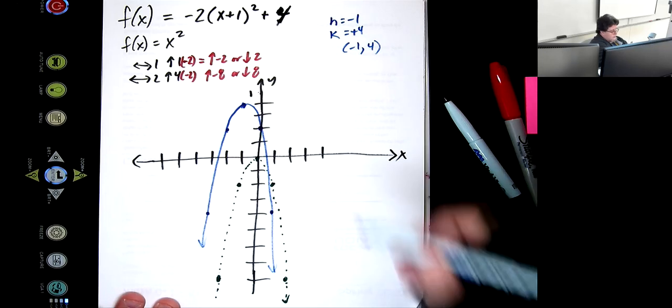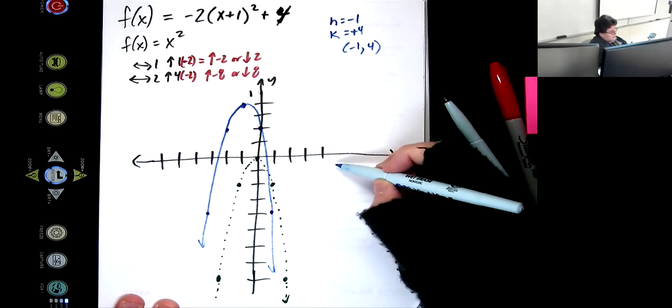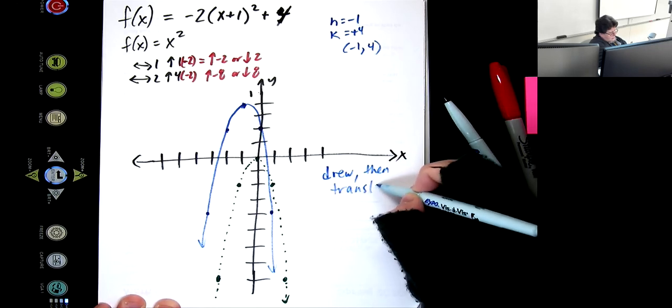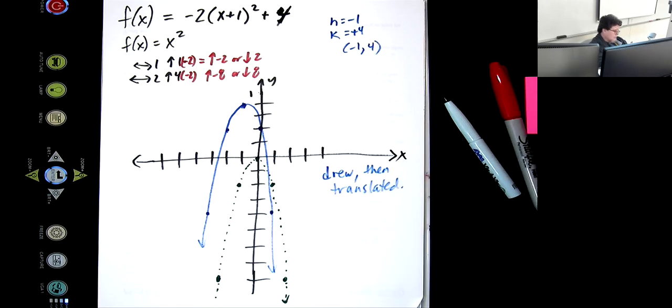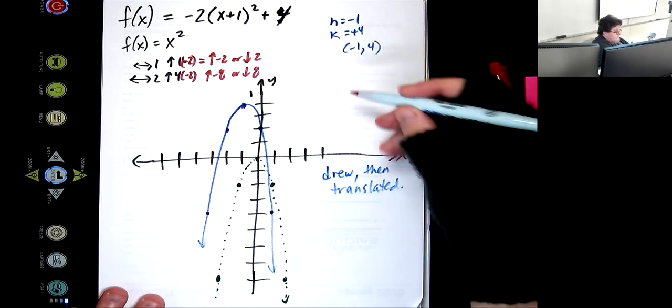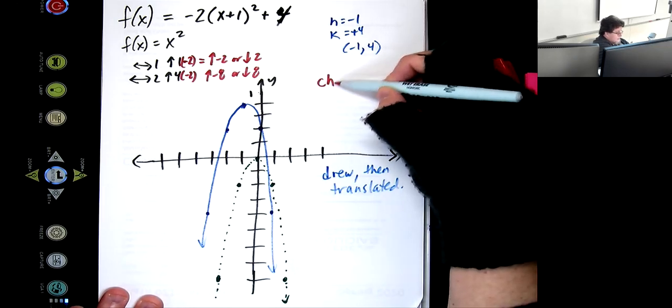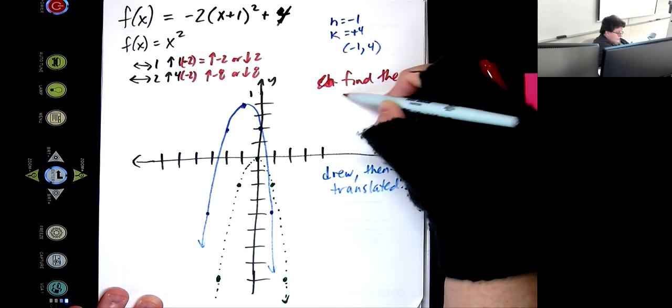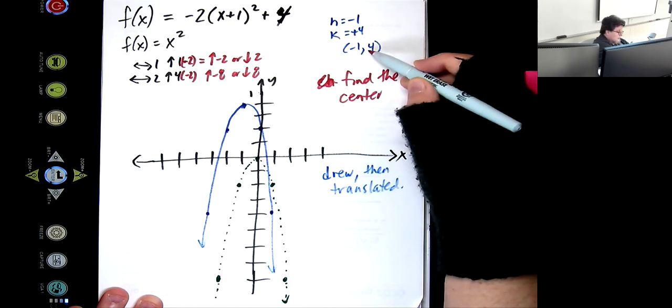So here I drew it and then translated. You might like better just figuring out where the center is, find the center, like we did up here, the -1, 4.